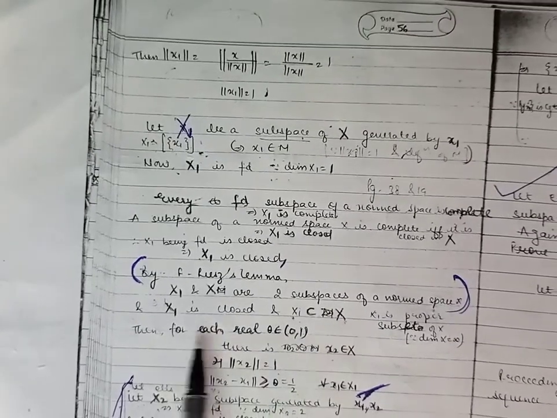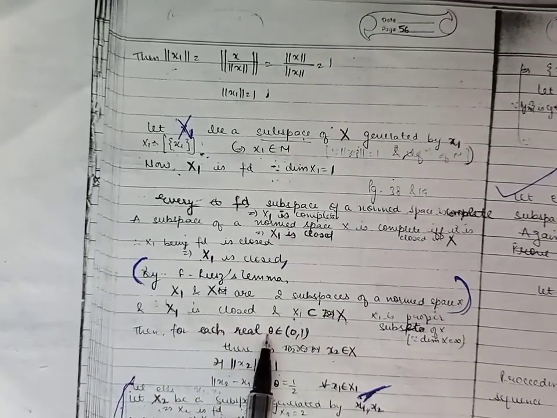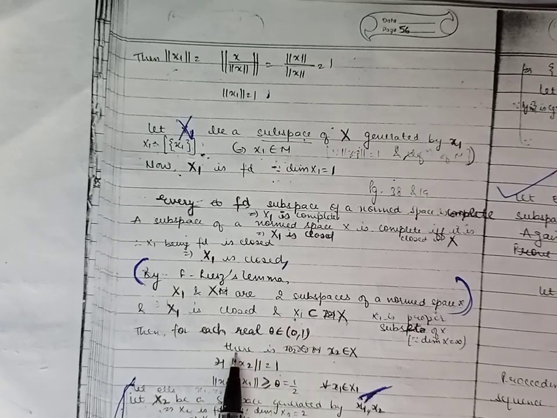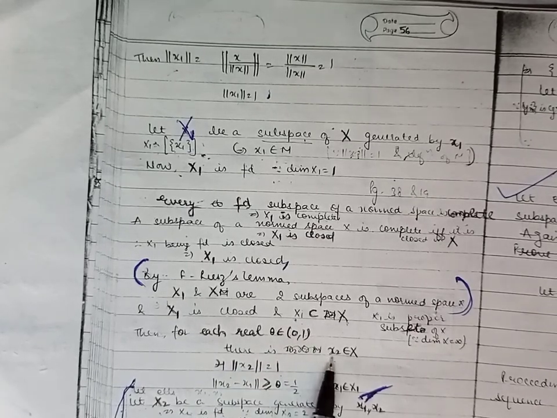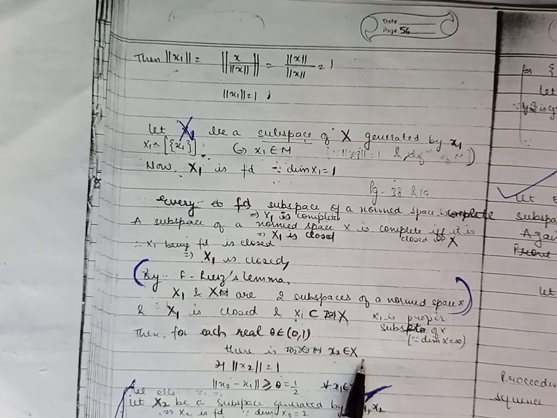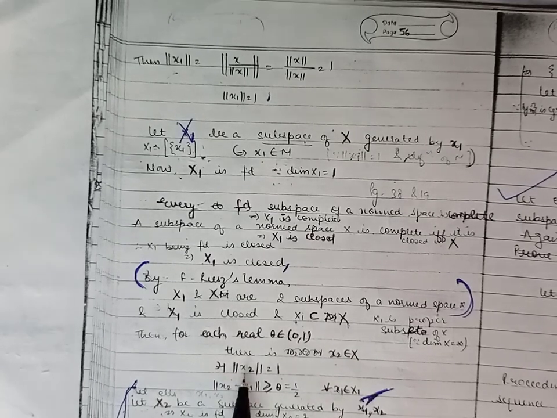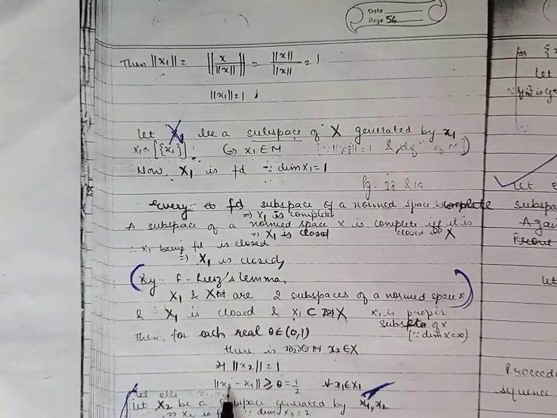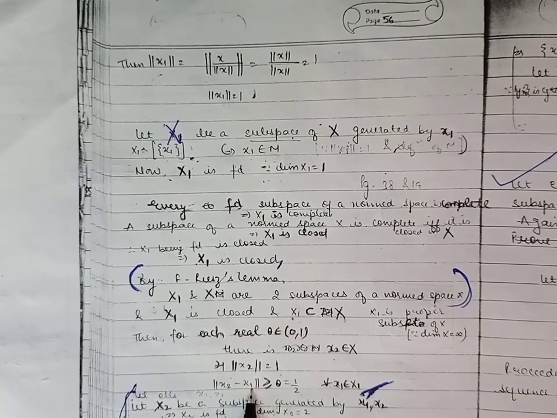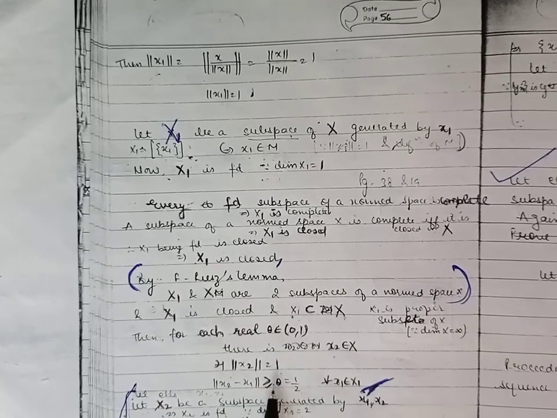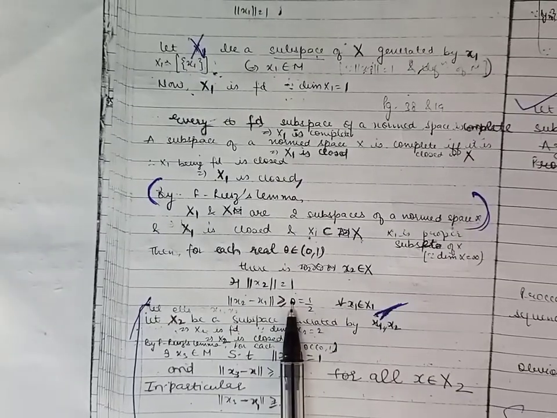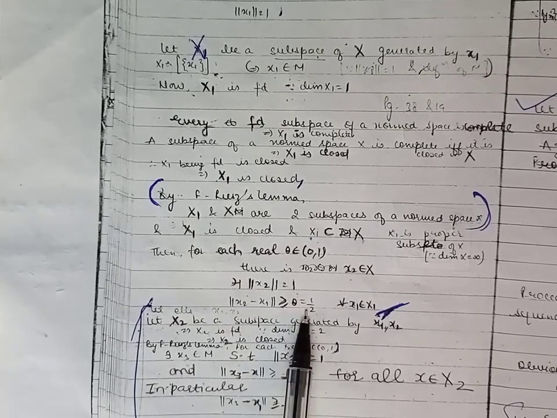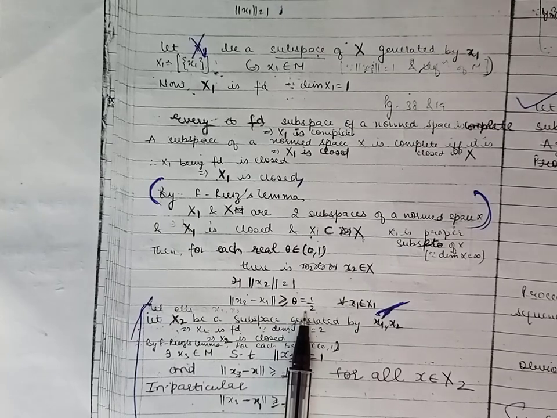By that lemma, for every real number theta lying in the open interval 0, 1, there exists an element x2 belonging to the normed space X such that the norm of this element is 1 and the norm of x2 minus x1 is greater than or equal to theta. So let us take in particular the value of theta equal to 1 by 2.